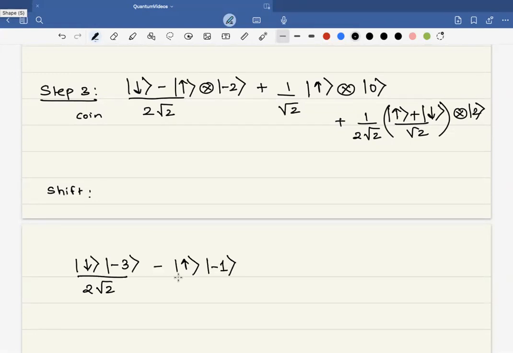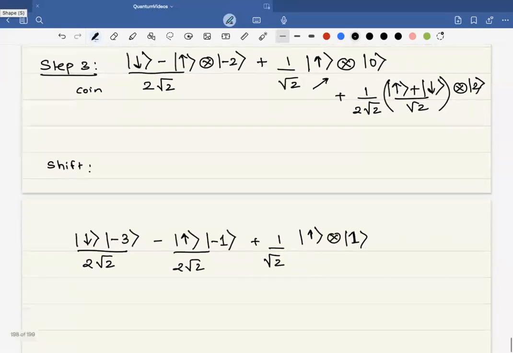It will shift to the right. So this is 2√2 plus 1 over √2 up tensor 1. So this is this one. And then finally plus up tensor 3.